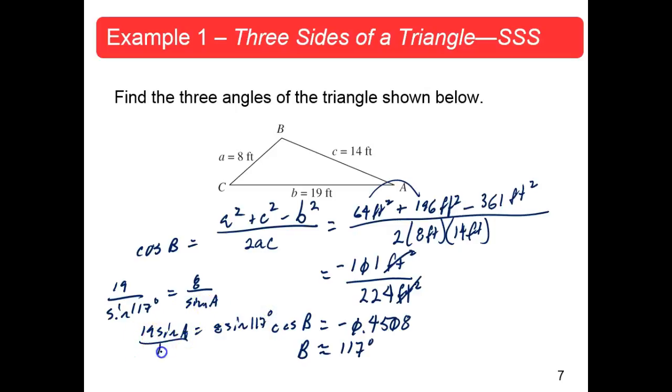Divide both sides by 19, and that gives you sine A: 8 times the sine of 117 divided by 19.